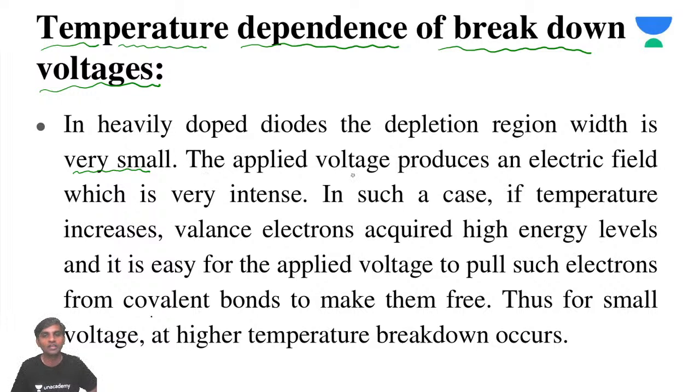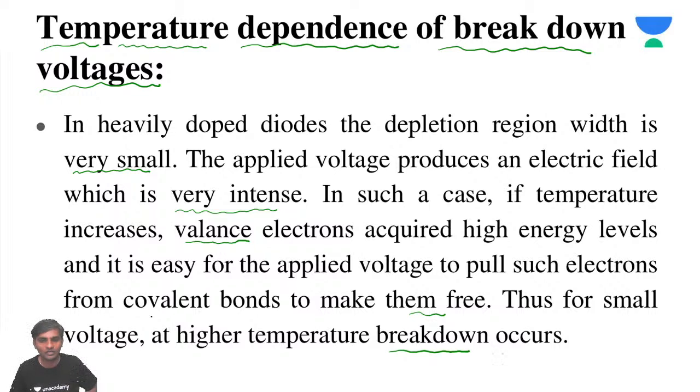The applied voltage produces an electric field which is very intense. In such a case, if the temperature increases, valence electrons acquire higher energy levels, and it is easy for the applied voltage to push such electrons from covalent bonds to make them free. Thus, for small voltages at higher temperature, breakdown occurs.